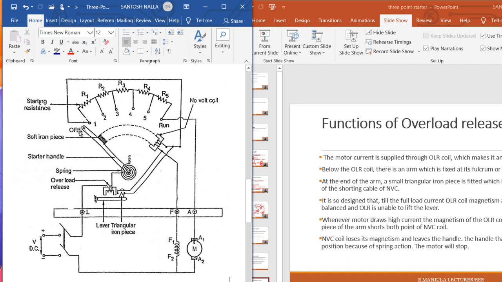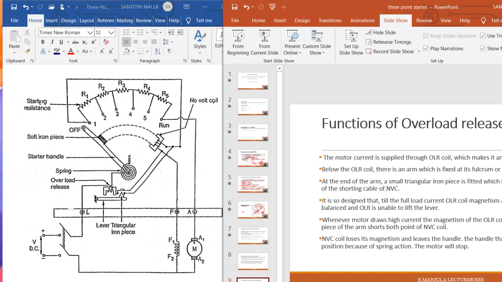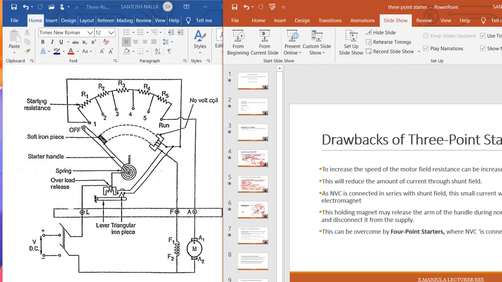As the NVC is connected in series with the shunt field, the small current will reduce the strength of the electromagnet. This holding magnet may release the arm of the handle during normal operation of the motor and disconnect it from the supply. This is a very rare chance.